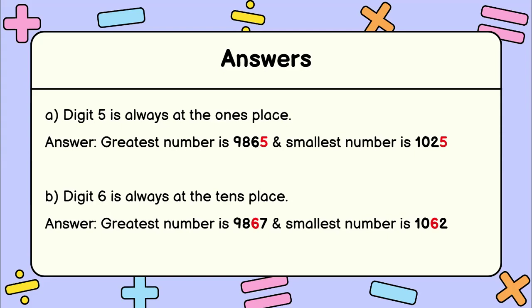Let's see the smallest number now. 1062. So here 6 is at the tens place, the 2 is at the ones place, 1 is at the thousands place because it's the smallest non-zero digit, and 0 is at the hundreds place.